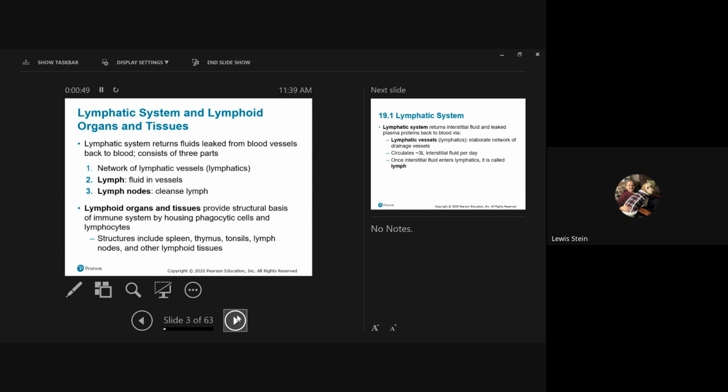So this is the structural basis of the immune system, not entirely, but a great deal of it. And what they have within, particularly in the lymph nodes, are a lot of white blood cells, particularly cells that become actively engaged in dealing with things that our basic, generic immunity can't handle. And so things that are part of it, names that you've heard before, the spleen.